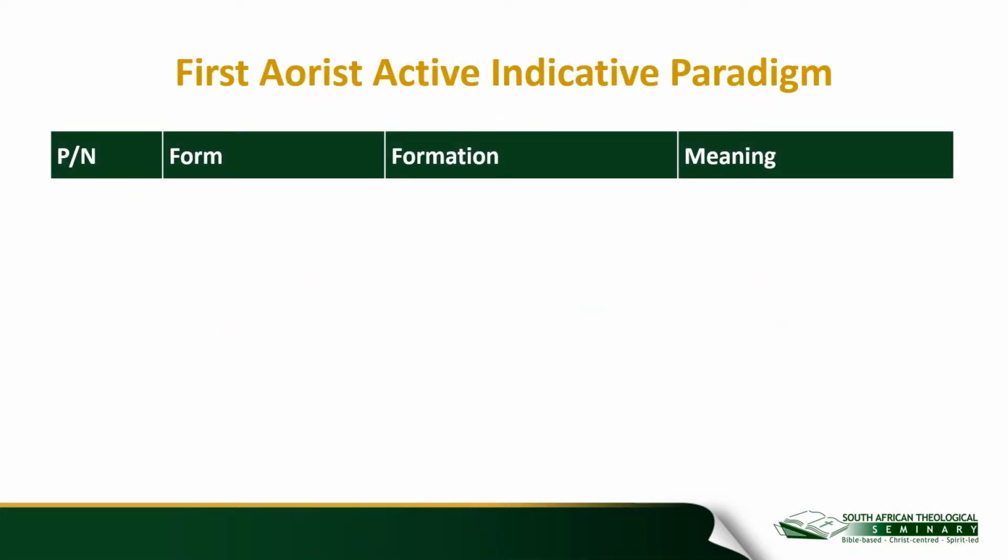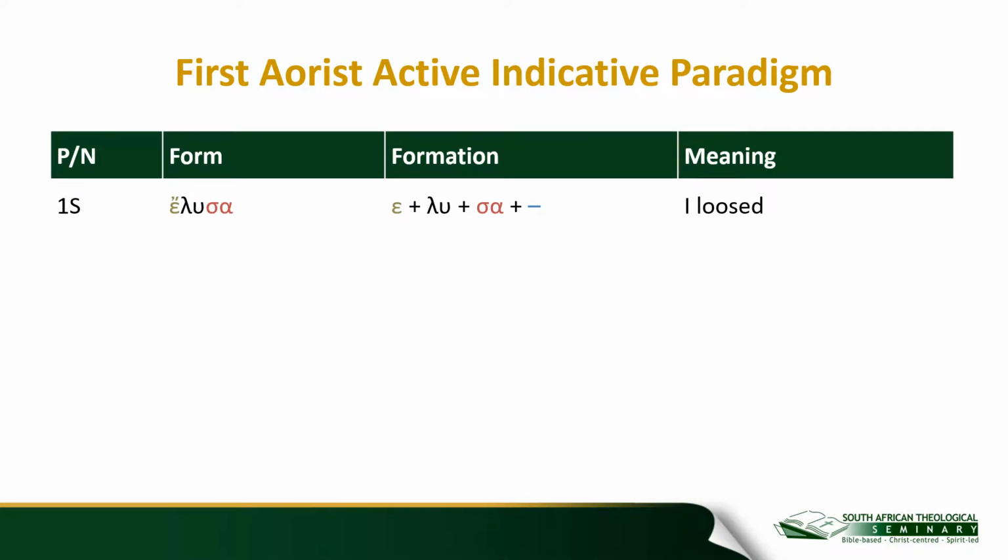Here is the paradigm for the first aorist active indicative using the root li. The first person singular, elisa, is formed from the augment epsilon, the tense stem li, the aorist tense formative sa, and there's no personal ending for the first person singular, elisa, I loosed.